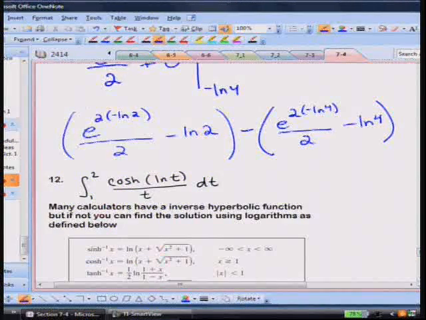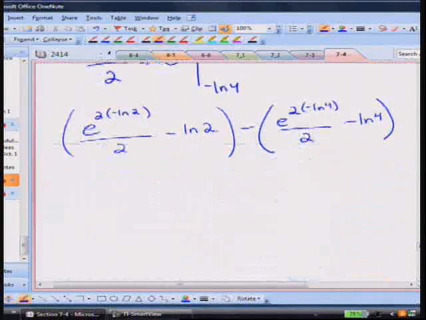All right. Let's see what we've got going on here. Okay. Is that right? No. What can I do with this? I can separate these. I don't think I can.